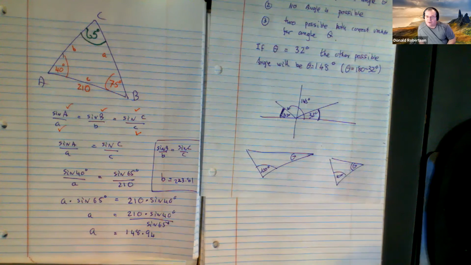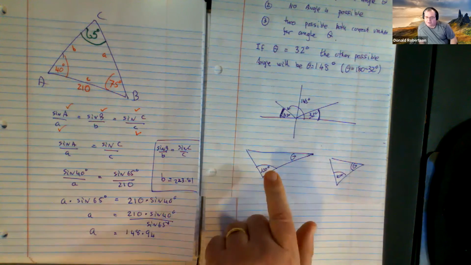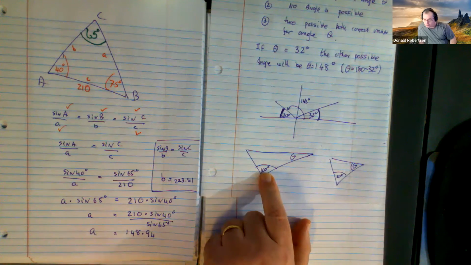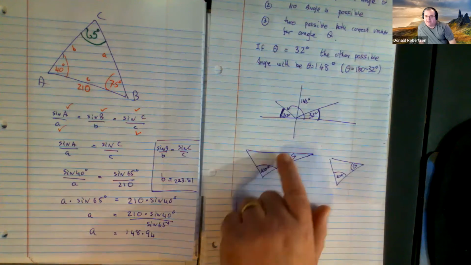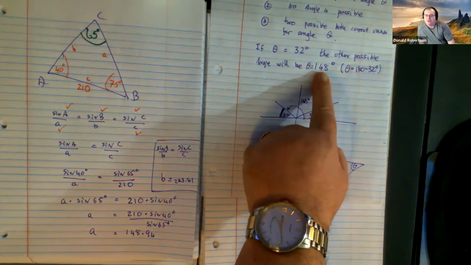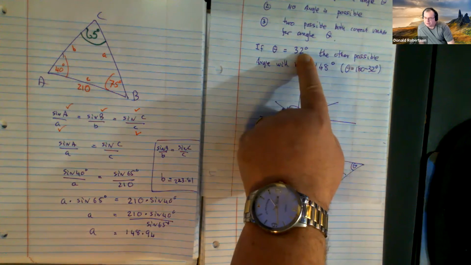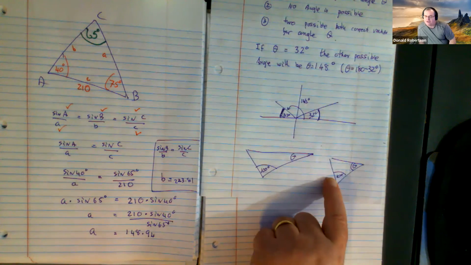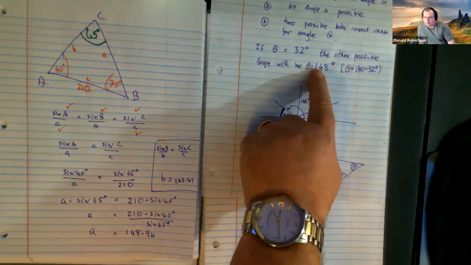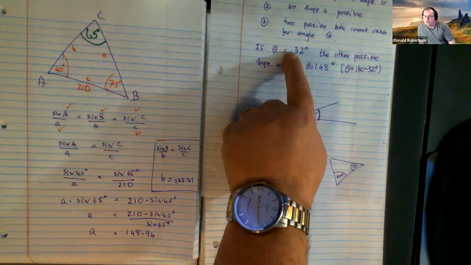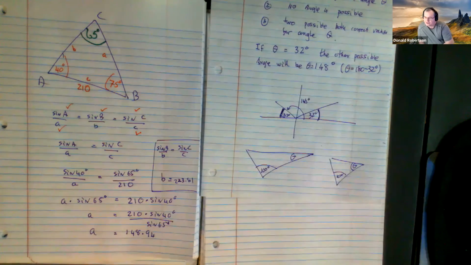Do you see that there's enough room for it? So when you're doing these questions and you're looking for a missing angle, you're going to know one of the angles. If the one that you know is so big that it makes that impossible, then you know there's only one answer, 32. If the one that they give you is small enough to make this possible, then you're going to get two distinct answers. So that's how you can tell.